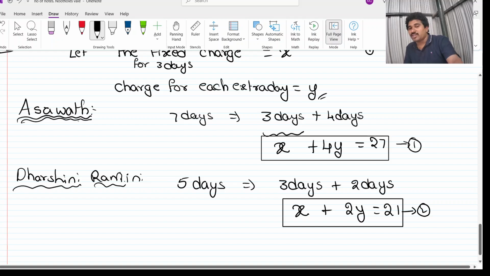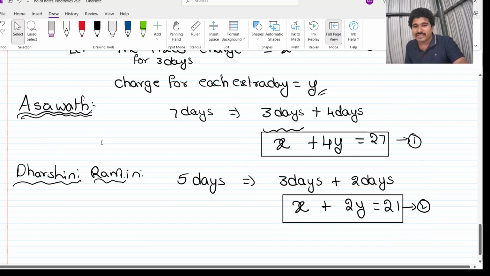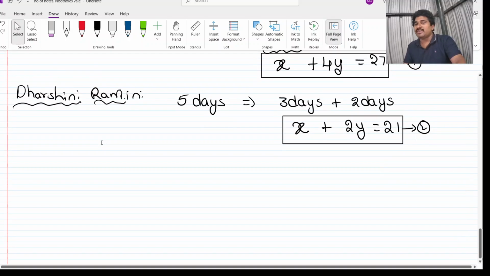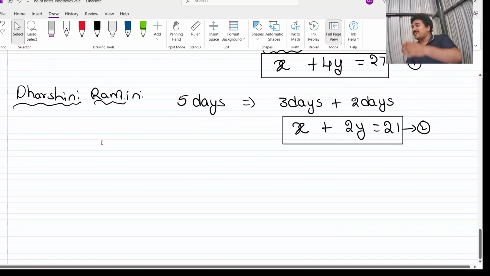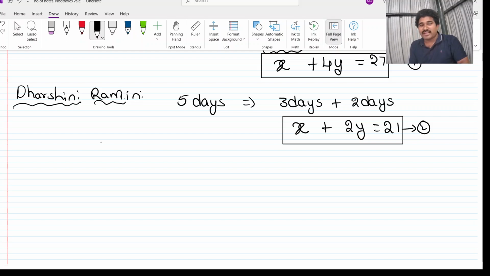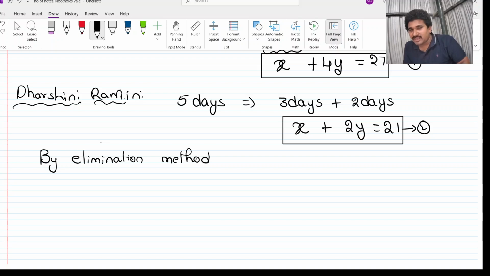Which method will you use? Which method? Any reason? By elimination method. What do you want to do? Equation 1 minus equation 2.